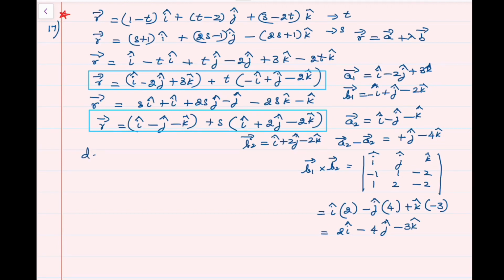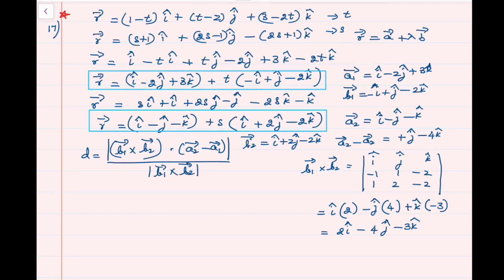Let us write the shortest distance formula. Vector b1 cross vector b2 dot vector a2 minus vector a1 under absolute value sign, divided by magnitude of b1 cross b2. Let us find the dot product of a2 minus a1 and b1 cross b2.